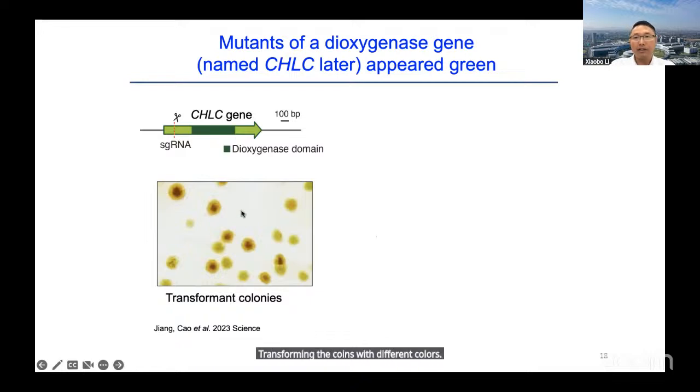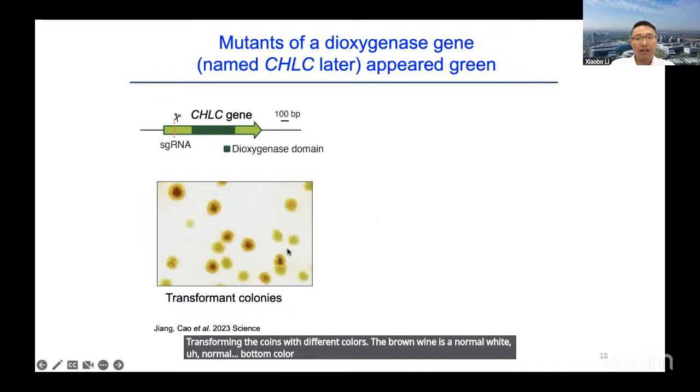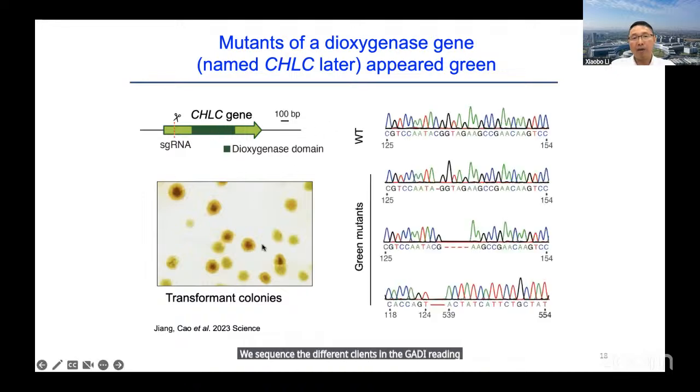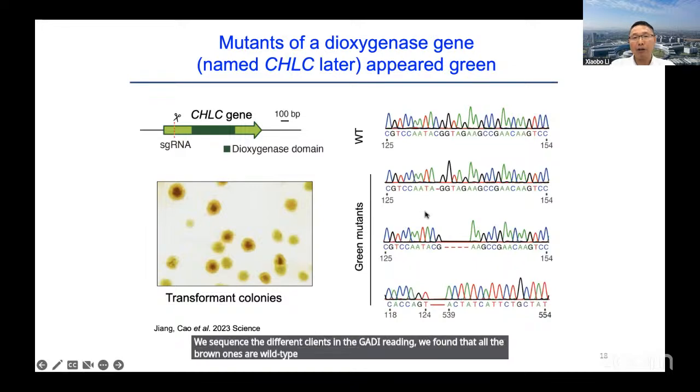The brown one is normal diatom color, but the green one is the mutated color. It's abnormal. We sequenced the different clones in the guide RNA region. We found that all the brown ones are wild type, and all the green ones have either frame shift mutations or large deletions. And we also had complementation evidence later. So we know that disruption of this gene leads to green coloration.